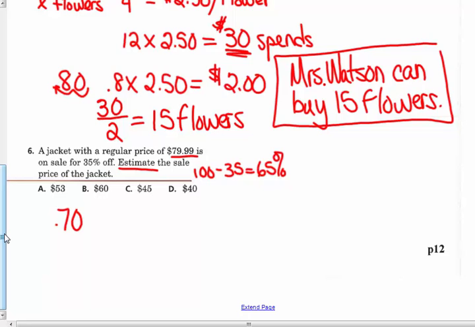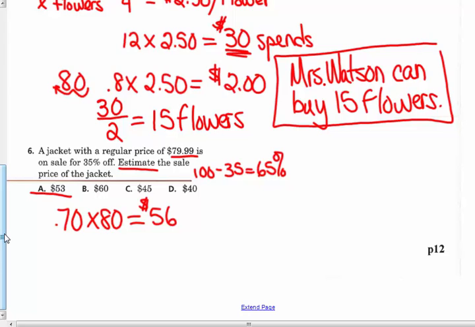And because it says estimate, I'm going to estimate $79.99 to be $80, pretty darn close to 80. So the price would be 7 times 8, around $56. That's not one of my choices, but it's very close to number A.